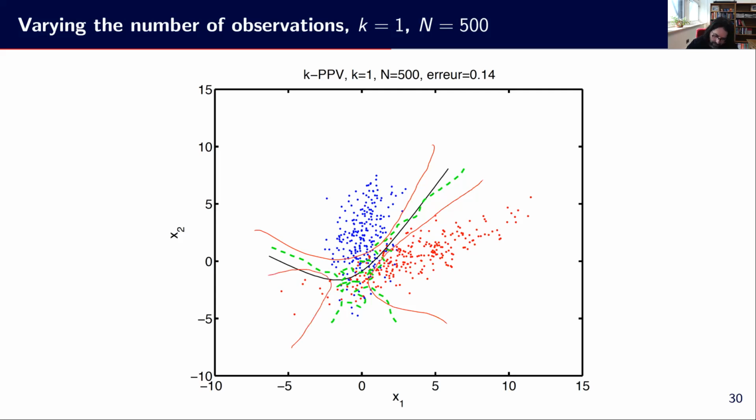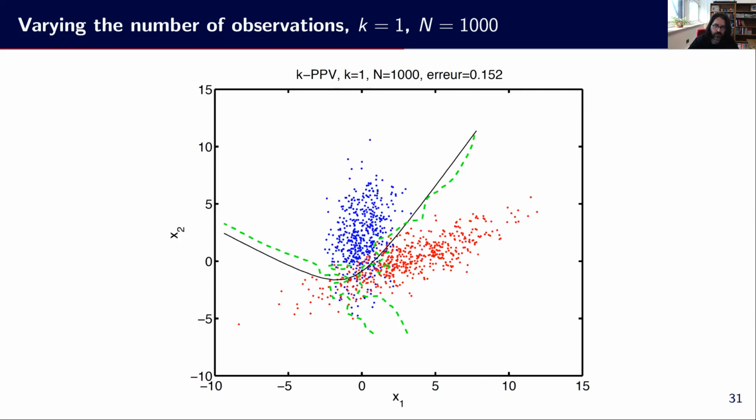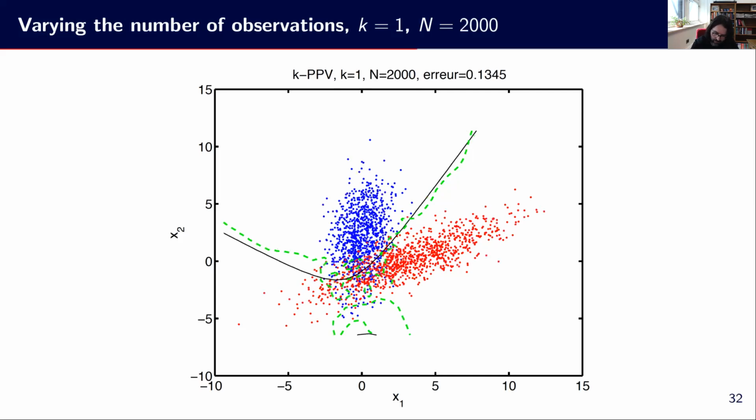It's really in between that it is not super reliable. These are really artifacts from KNN. With 1,000 samples, we are in a similar situation, and if we go to 2,000, there is a small increase, slightly better, but not that much.